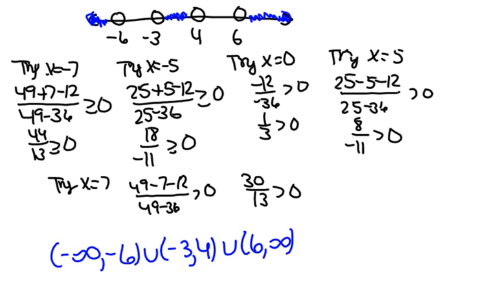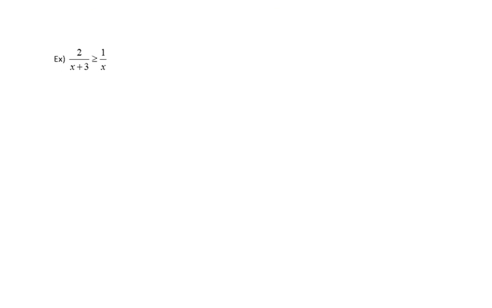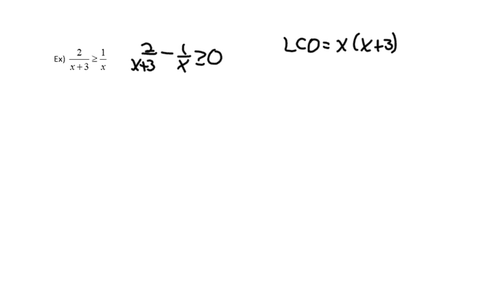Okay, one other example I want to take a look at is where I do have a fraction I have to move. So again, the very first thing I will do is I will subtract 1 over x. Now, in order to simplify fractions with addition or subtraction, I need to come up with my LCD. Well, LCD in this case is x times a quantity x plus 3. Okay? So let's do the LCD part.